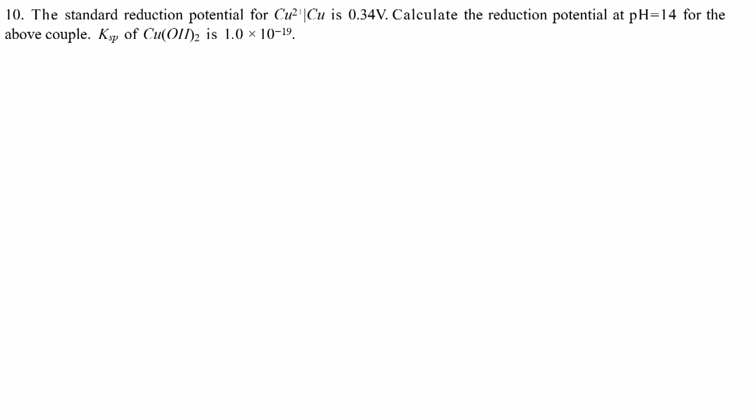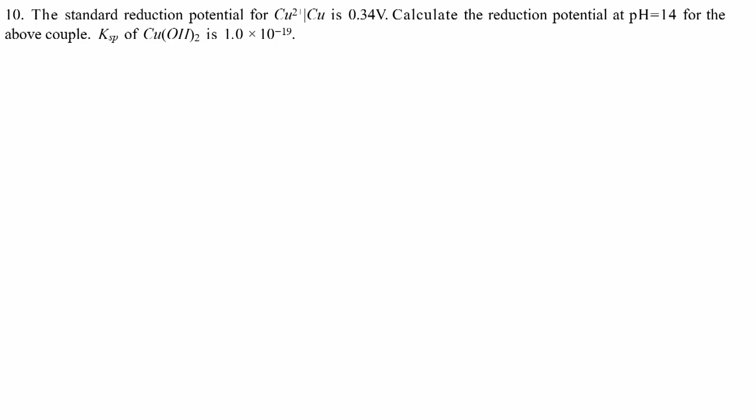Next, we discuss problem number 10. It says the standard reduction potential E naught for Cu2+ to Cu is 0.34 volt. Calculate the reduction potential at pH 14 for the above couple. Ksp of Cu(OH)2 is given as 1 times 10 to the minus 19. Okay.